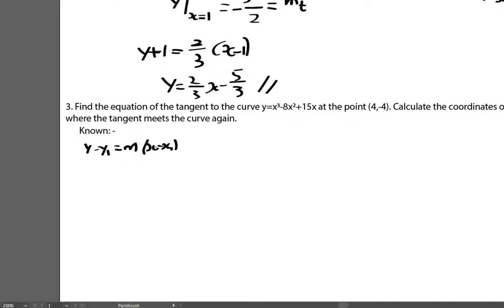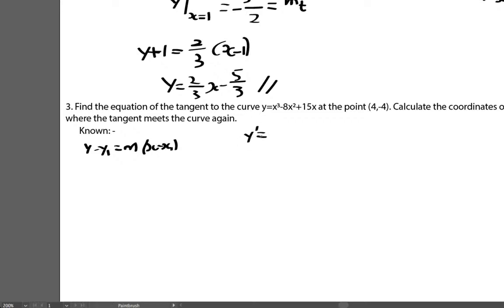The m here is actually the gradient, right? And you know how to find the gradient of a curve at a certain point just by taking the derivative. So you can go ahead and figure out what y prime is.